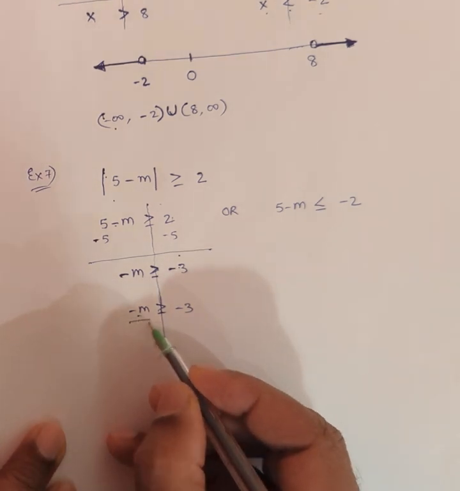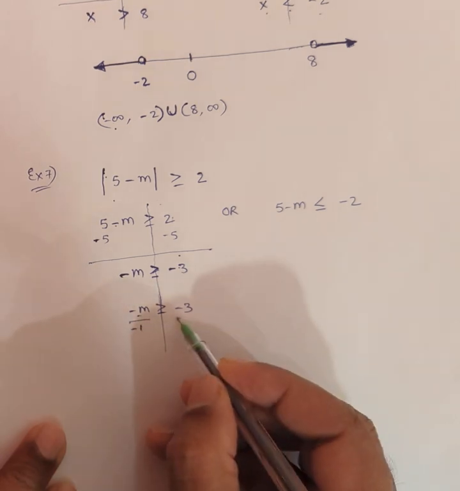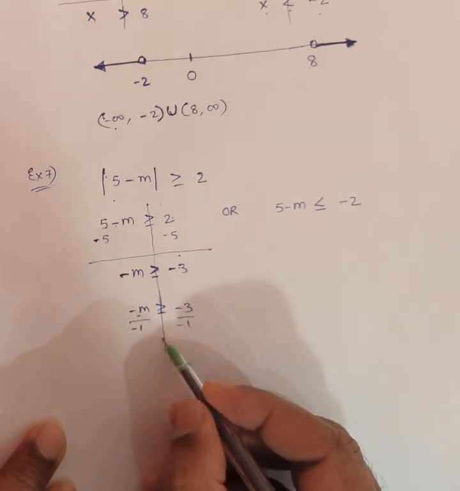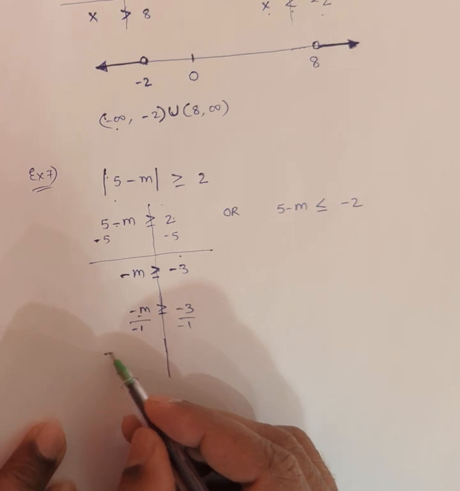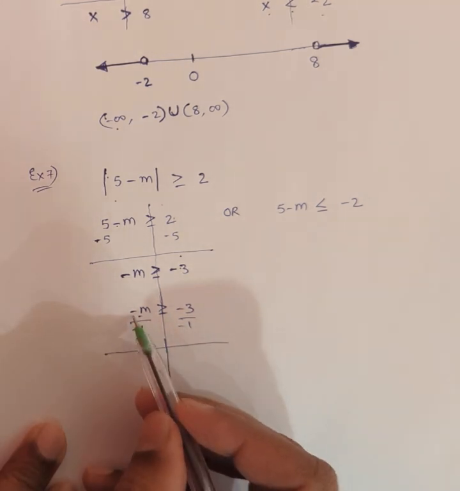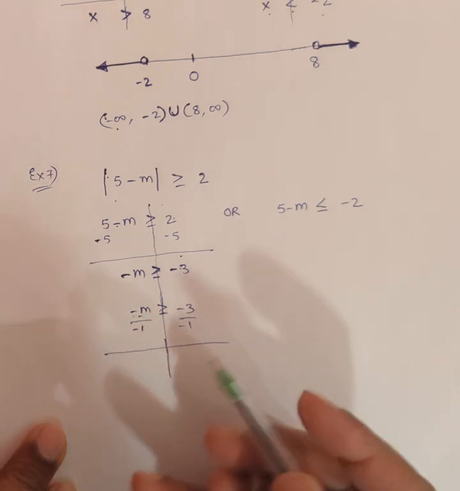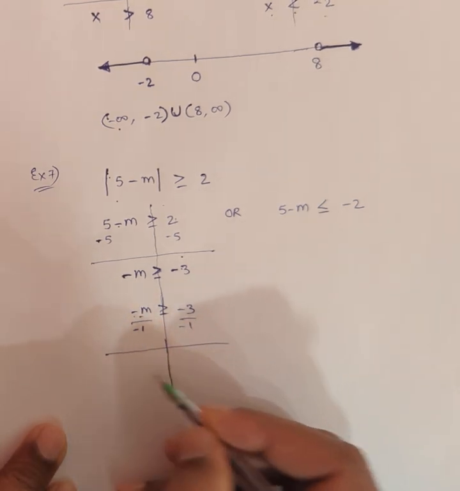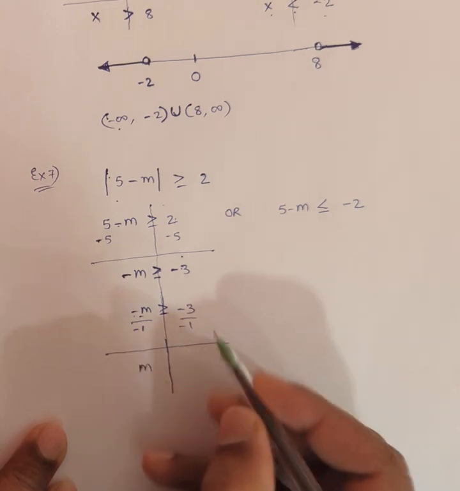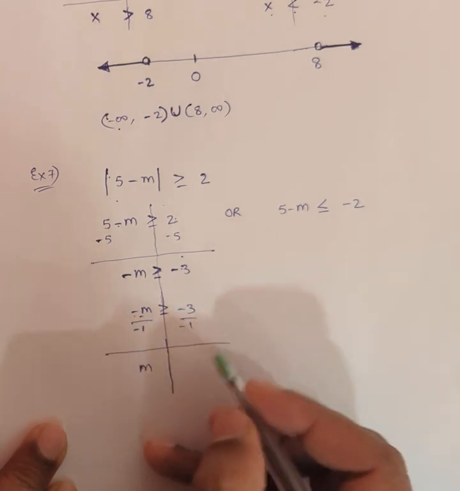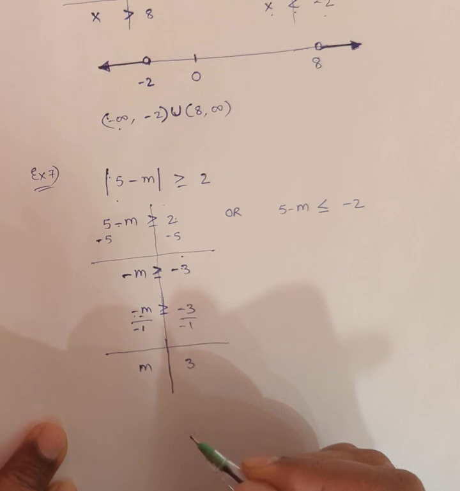So let's go ahead and do that. Divide both sides by negative 1. And what happens is on the left side, the negative and negative cancel each other out, leaving you with m over 1, which is just m. And on the right side, negative 3 over negative 1 is positive 3.